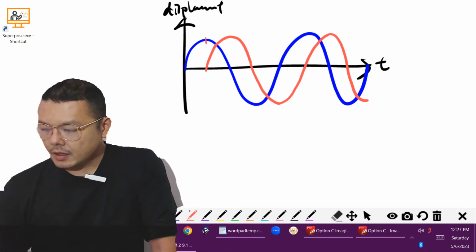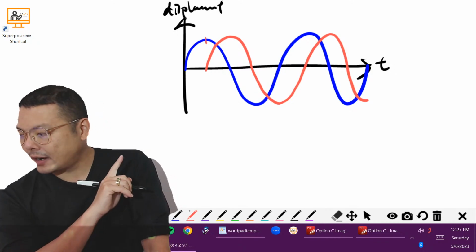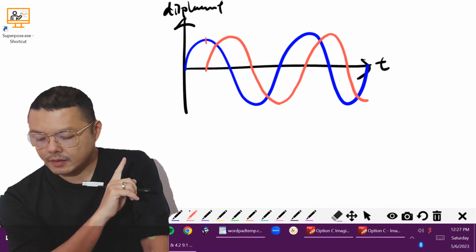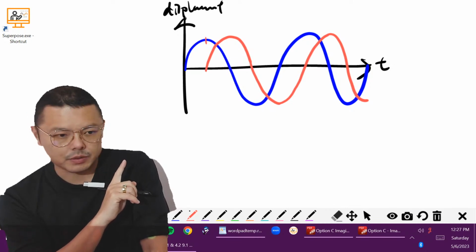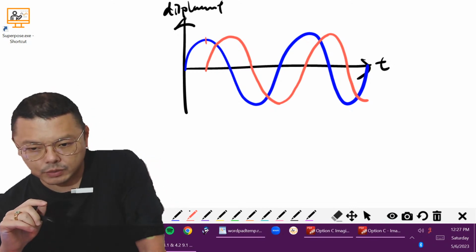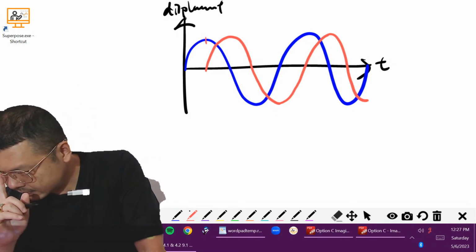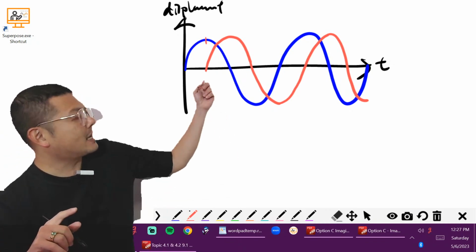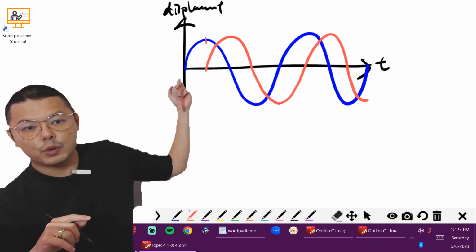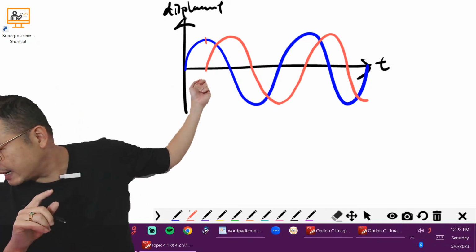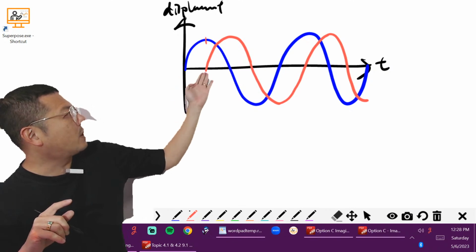Okay, now I just want to add a little bit to this drawing here. I want you all to be able to see this. Oh, Jeremy, you added in also, good. All right, I'll wait for everyone to be able to look up first. You see the blue one starts at 0, the red one starts at 0 also, but a quarter of a wave later.